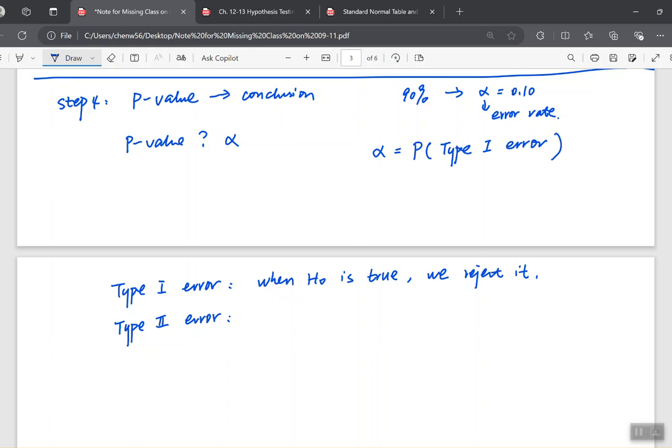This type of error we call the type 1 error. And type 2 error is the totally opposite: when the null hypothesis is false, but we fail to reject it.